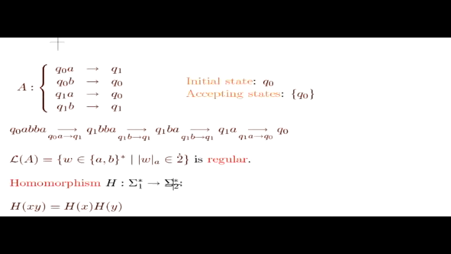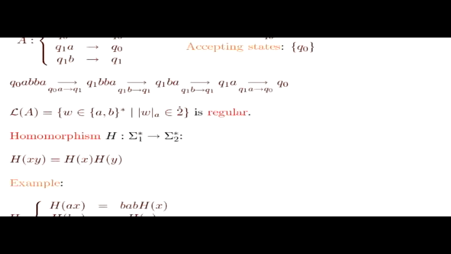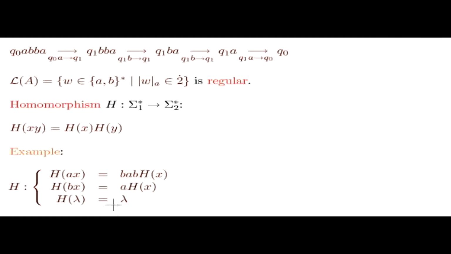A homomorphism is any function h relating words which commutes with word concatenation. Alternatively, any homomorphism can be recursively defined by equations of this form, by specifying the image of each word depending on the first symbol of the word.